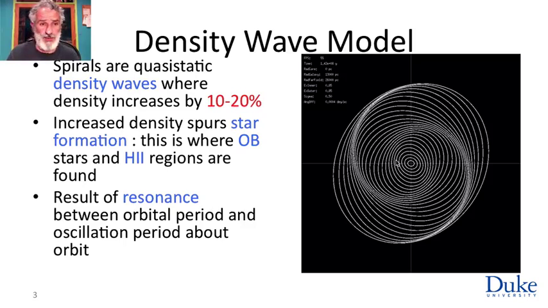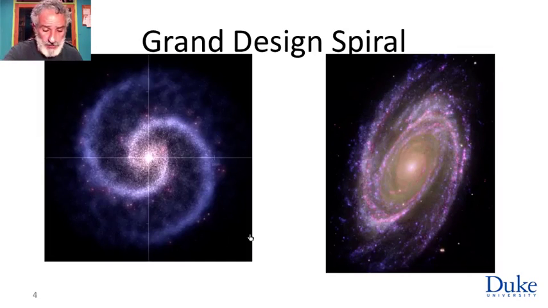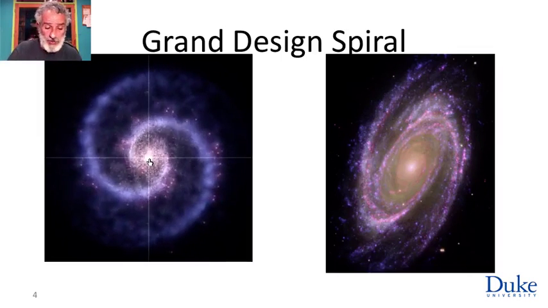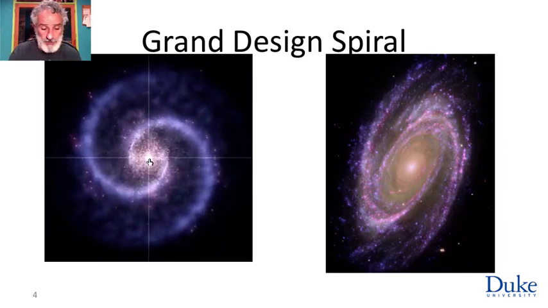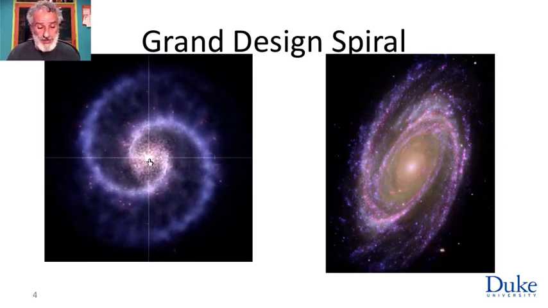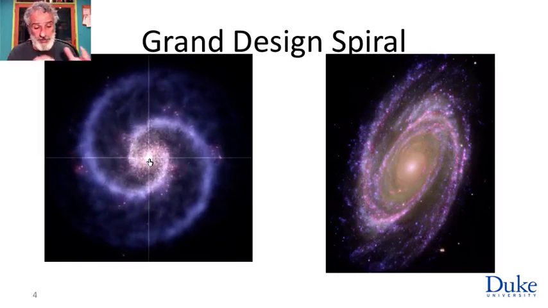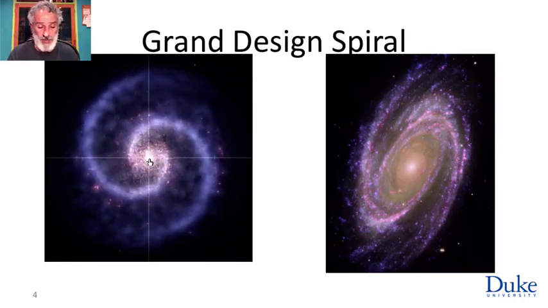And so a simulation of what this looks like: here is this density wave set up, and as the stars orbit, the arms orbit with an angular velocity that has nothing to do with the angular velocity with which the stars, either inside or on the outside of the galaxy, orbit.